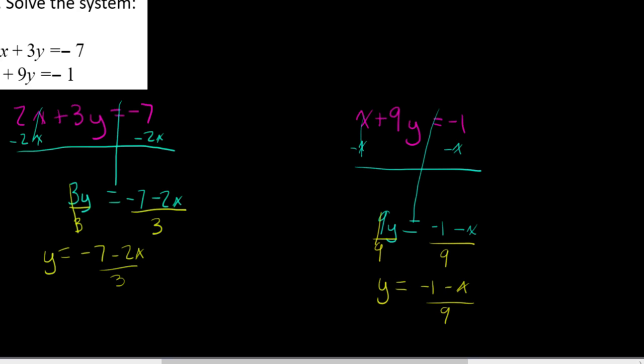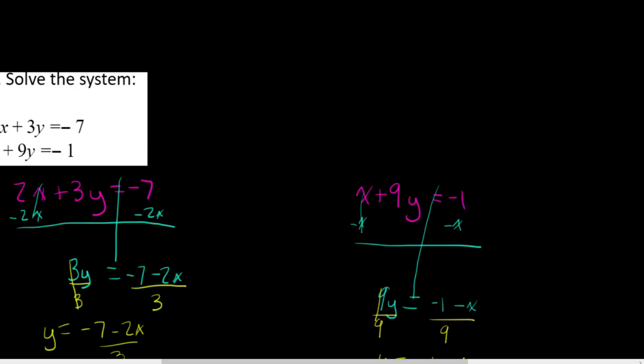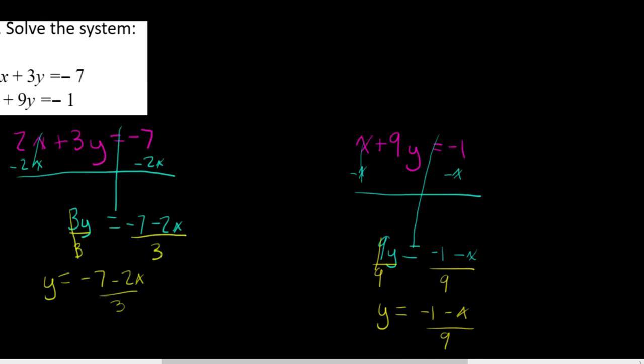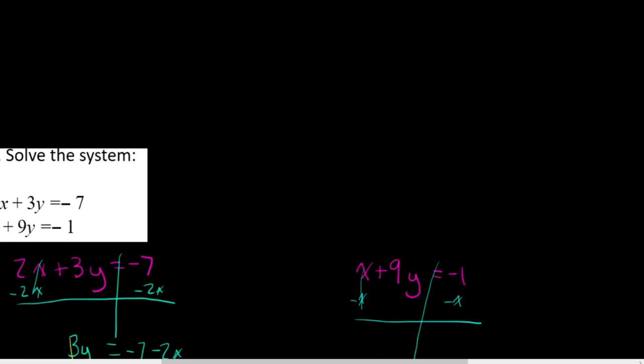Now that they're both solved for y, we can go ahead and do the system part of this. So I'll just scroll up and rewrite these up here. Just make sure I copy those down right.